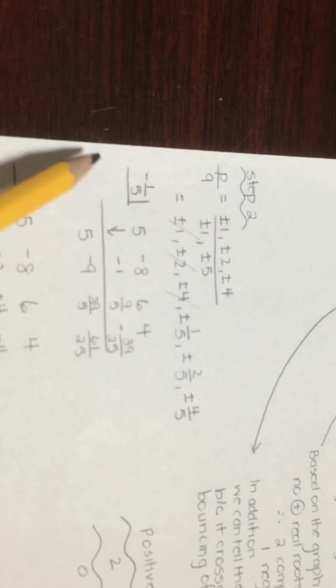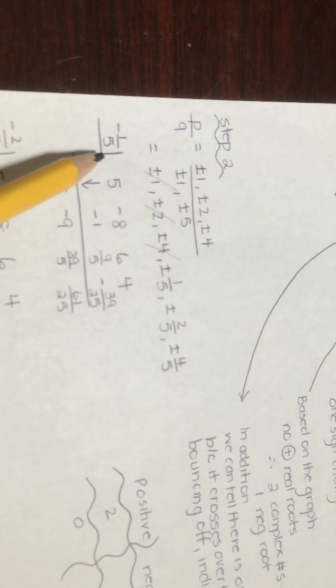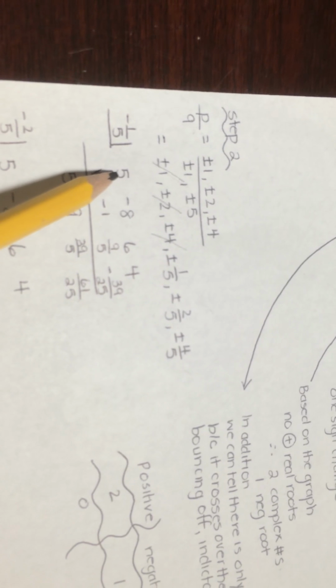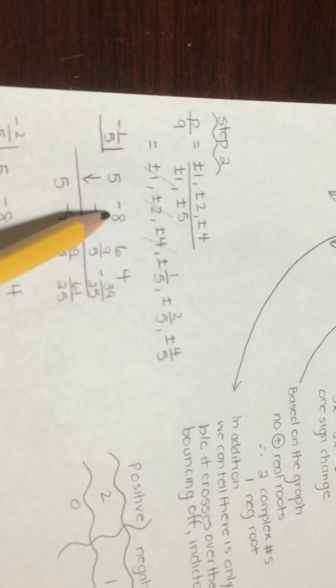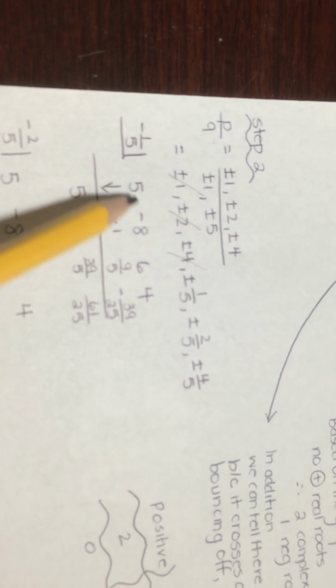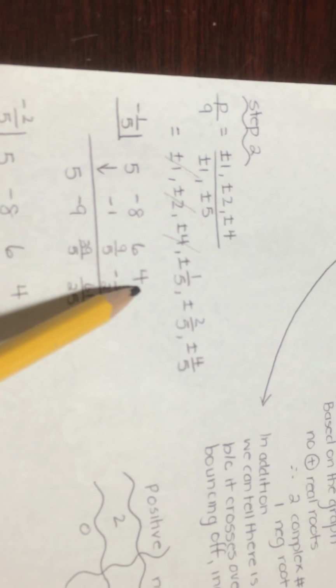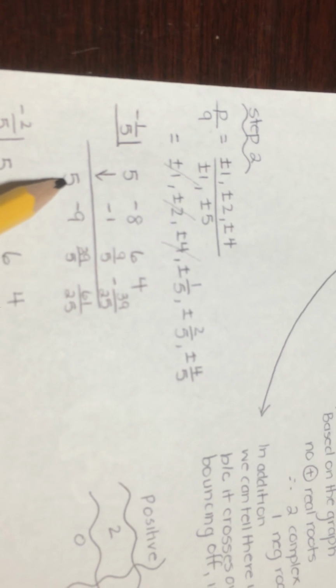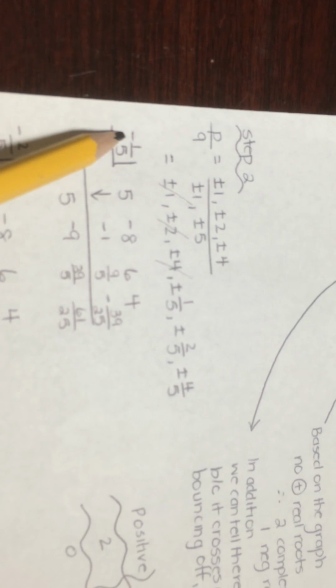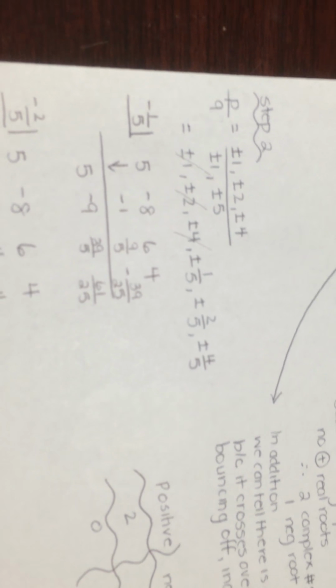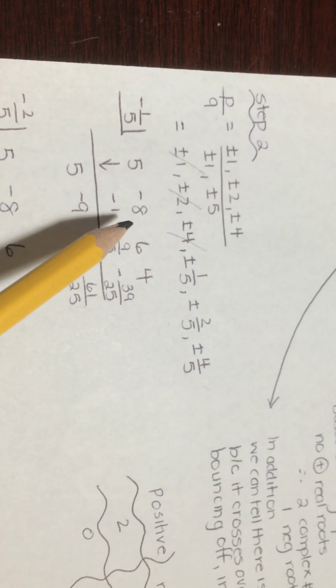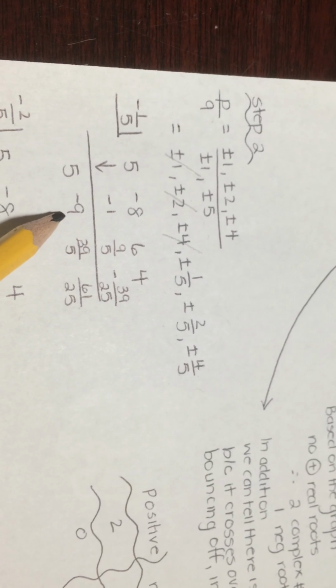So first, we can start with negative 1 over 5. You write down the coefficients of all the terms, which are 5, negative 8, 6, and 4. Then you bring the 5 down and multiply by negative 1 over 5, which gives you negative 1. Negative 8 plus negative 1 is negative 9.